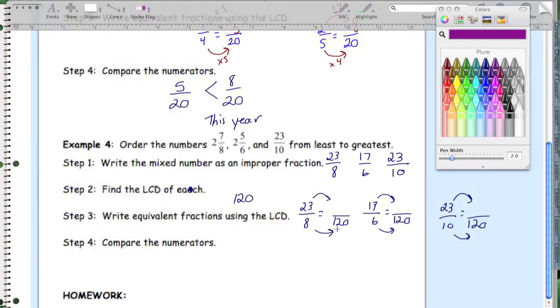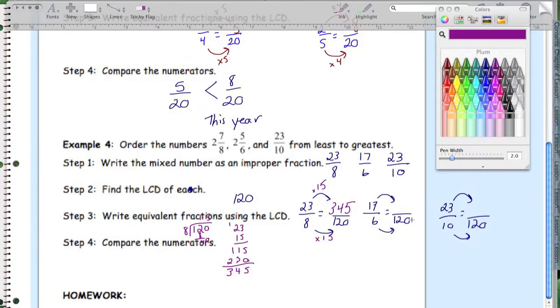So 8 into 120. Now I don't really know, so I might have to do some scratch work like we said. I think we found on the other page a lesson ago that it's 15. So 8 times 15, so then I'm going to multiply 23 times 15. So 345. Okay?